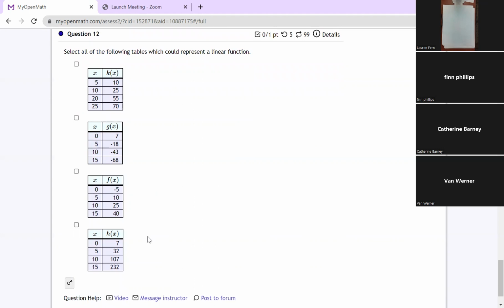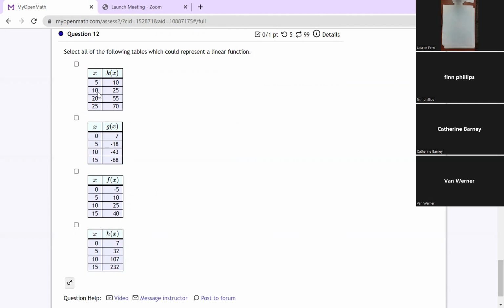In other words, as your x values increase by however much, your y values do too. Okay, so let's go through each of these and determine which ones are linear. Notice they change the increments here. So don't get caught up in just looking at the numbers. You have to compare the increments.